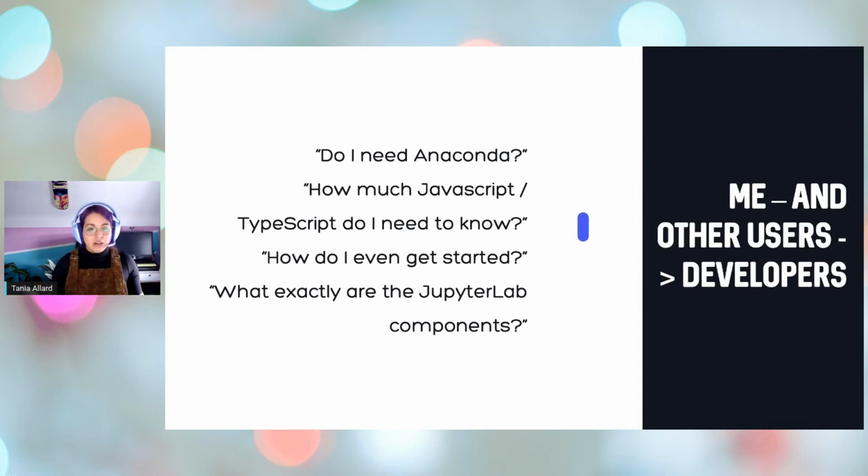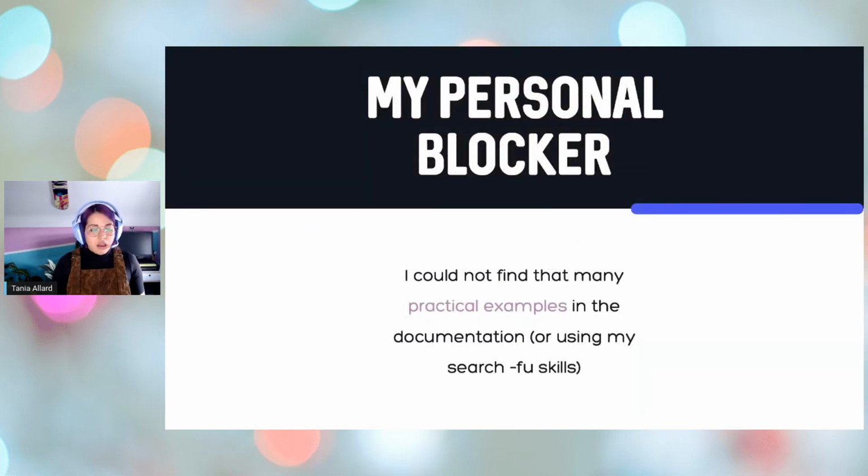Also, okay, so how do I even get started? How do I understand how all the small building blocks fit into JupyterLab? And where can I find more information about these components? And I think my personal blocker, especially because I've said it a lot, I'm not a front-end expert, was that I could not find that many practical examples in the documentation or using my search skills.